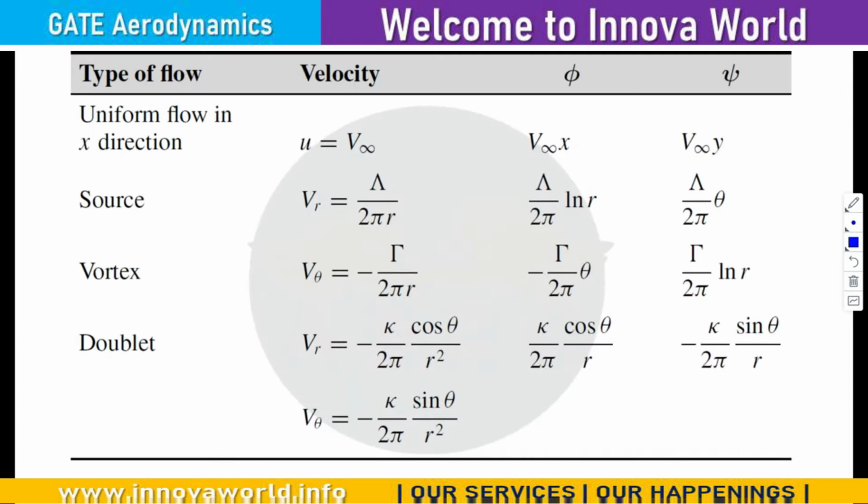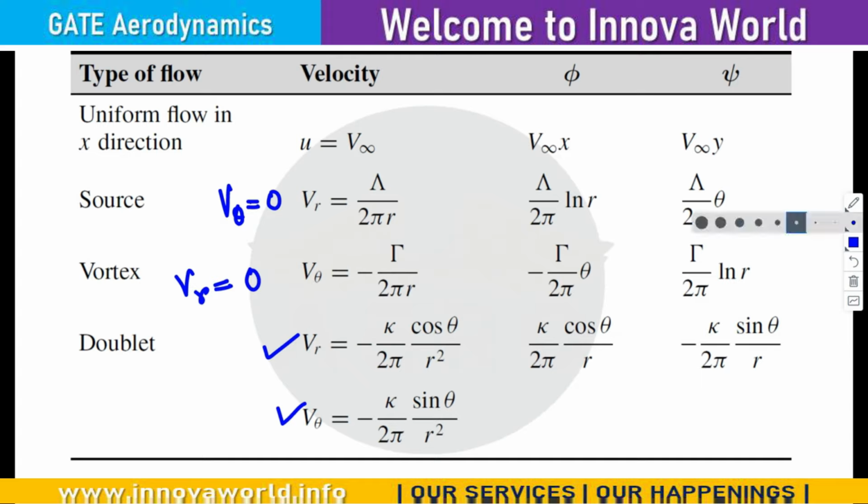Now here comes the combination of the flows. So you have to remember the formulas along all the directions. In the source flow, the tangential flow is 0. In vortex flow, the radial velocity will be 0. In a doublet, both the radial and the tangential will exist.